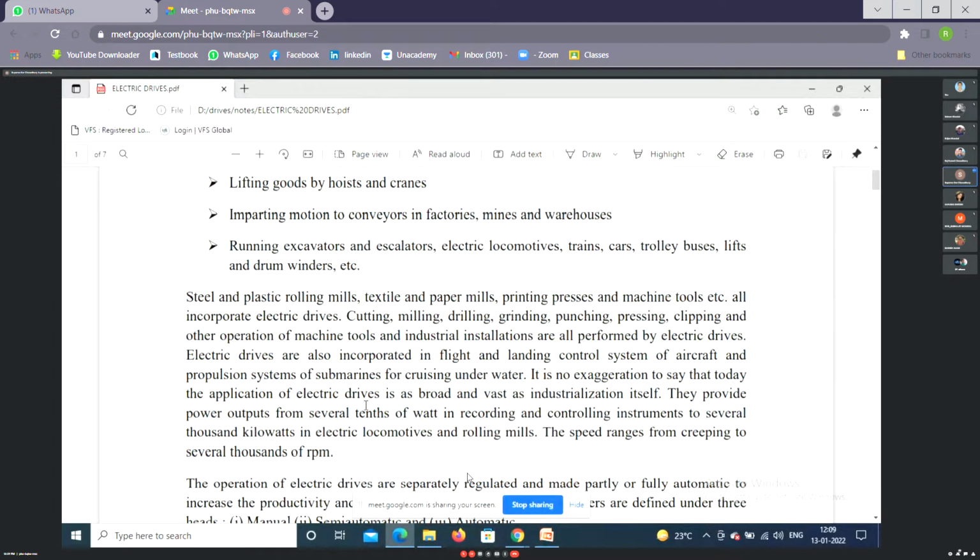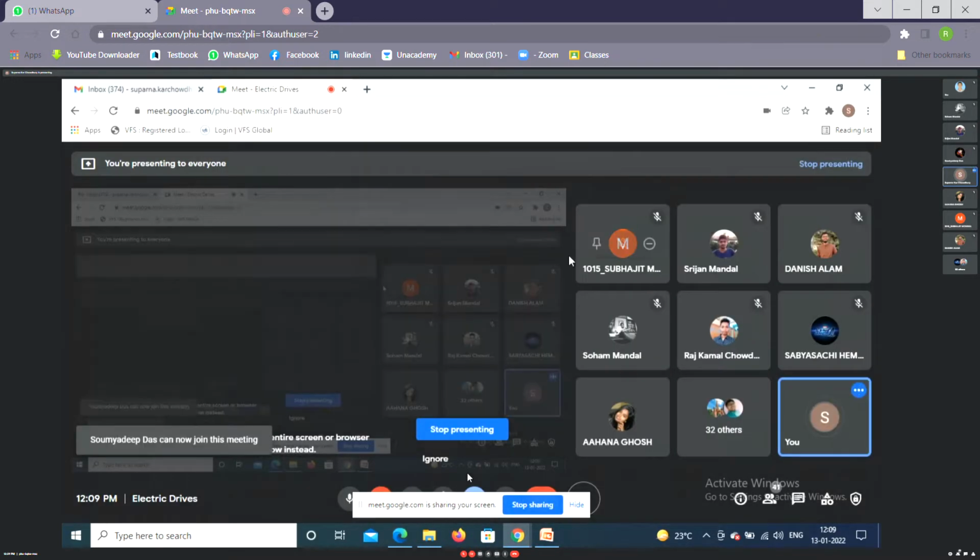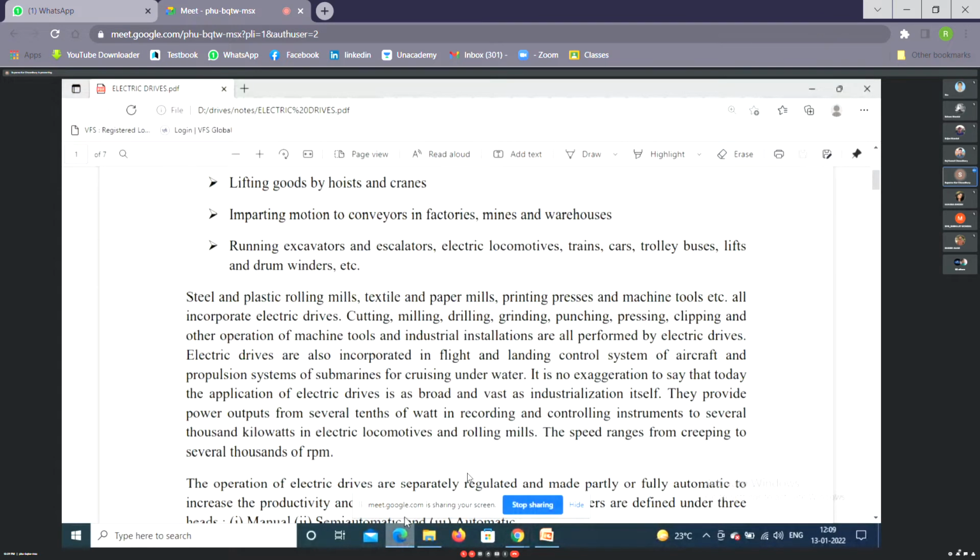But what is done is it is used to run the prime mover by which an electric generator is run, and that is used for controlling the ship, because control is better if the main devices are driven by electric motors. So it is to say that for every application nowadays we have to have electric motors, and it is an integral part of industrialization.